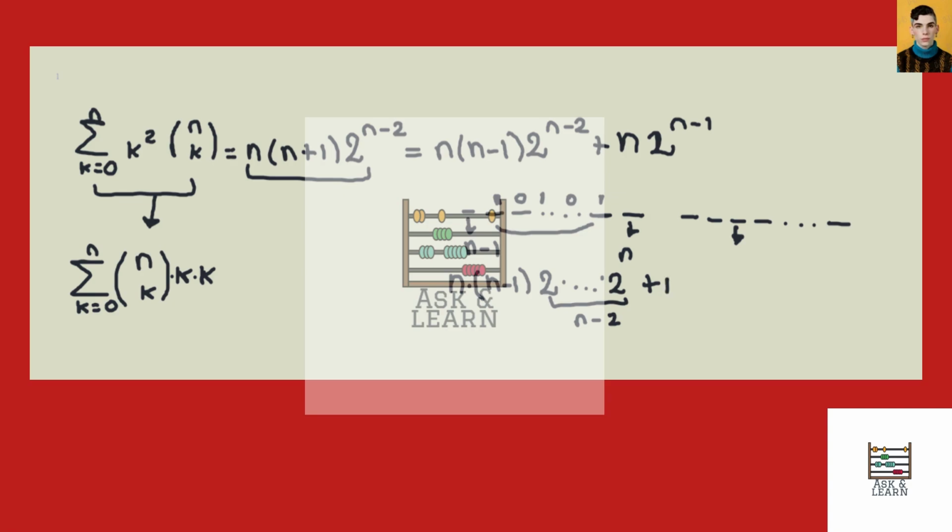We had n options for that one because we could choose any of those n. And now we have n minus 1 left, to which we will assign a 1 if we chose it, a 0 if we didn't. So for each one of them, we have two options. And since there are n minus 1 of them, there are 2 to the n minus 1 options.